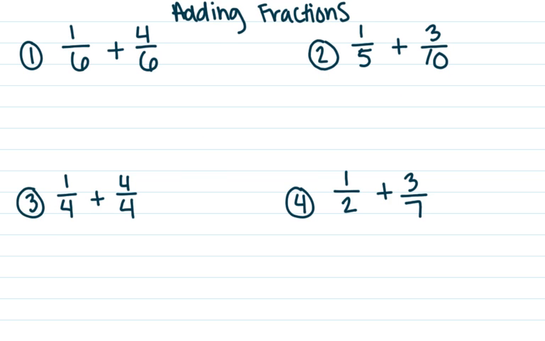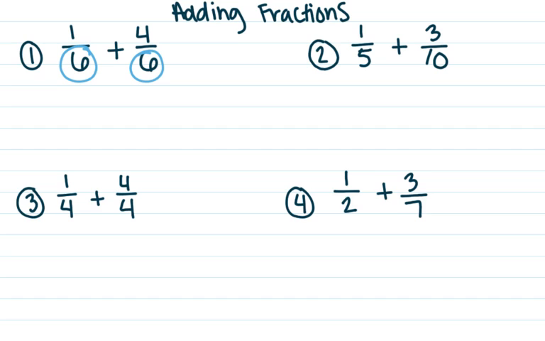We're going to start off by talking about adding fractions. If fractions have the same denominator, like in number 1, 6's and 6's, I can just add those fractions together. The reason is that 1/6 and 4/6 are the same size pieces. If you were trying to add puzzle pieces to a box, you wouldn't want huge puzzle pieces and baby puzzle pieces all in the same box.